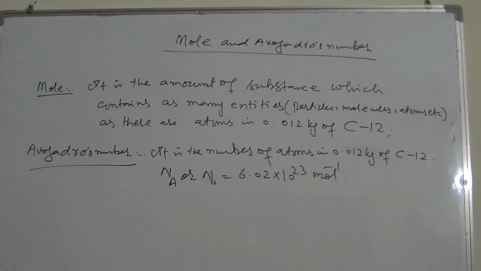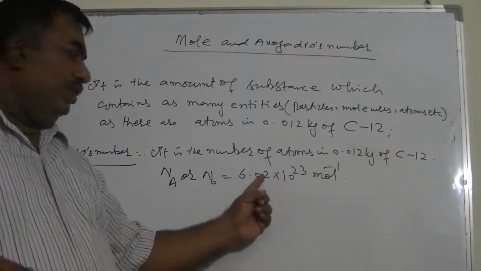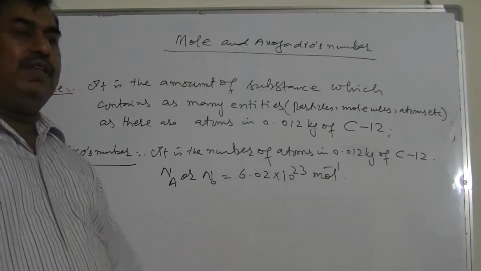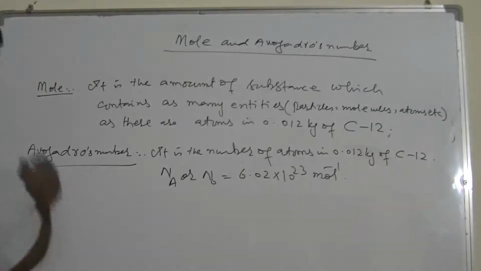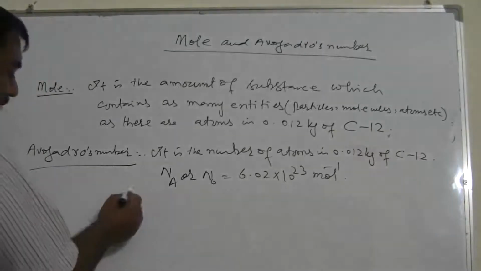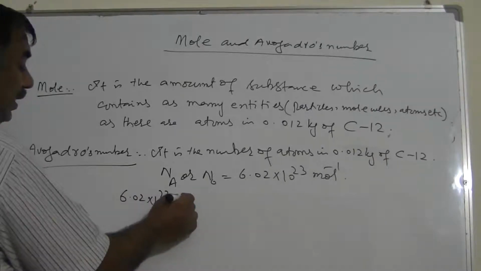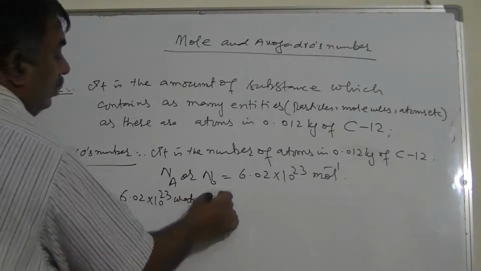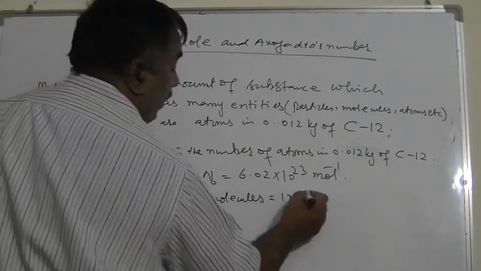For example, if I say 1 mole of markers, then I will have to take the huge number, 6.02 into 10 power 23 markers, to constitute 1 mole. Similar is the case if I am taking water: 6.02 into 10 power 23 water molecules will form 1 mole of water.